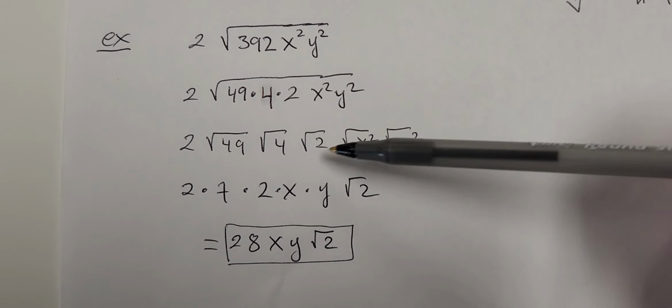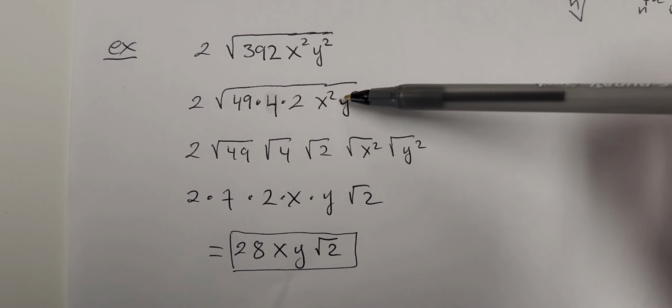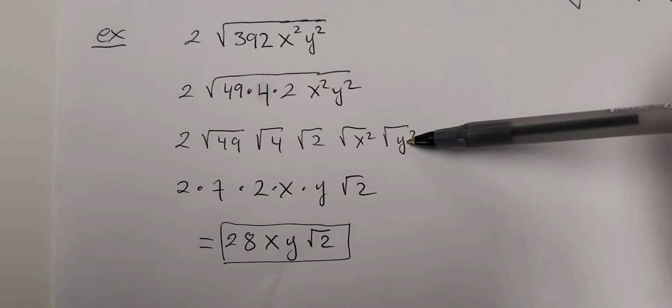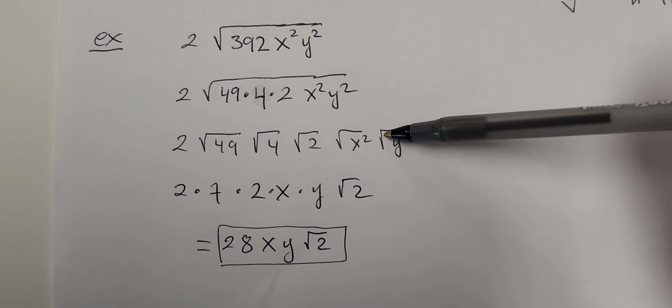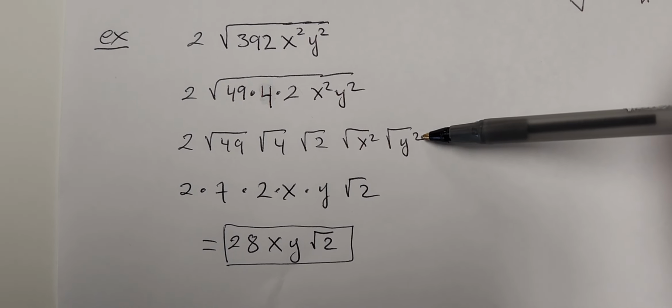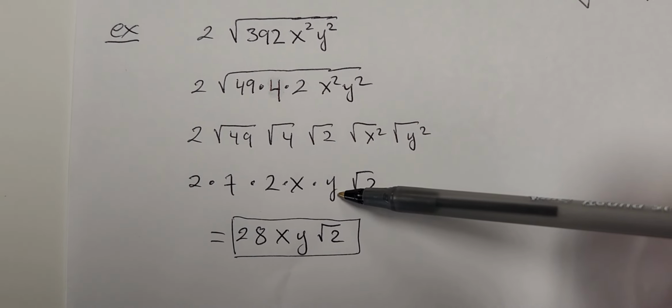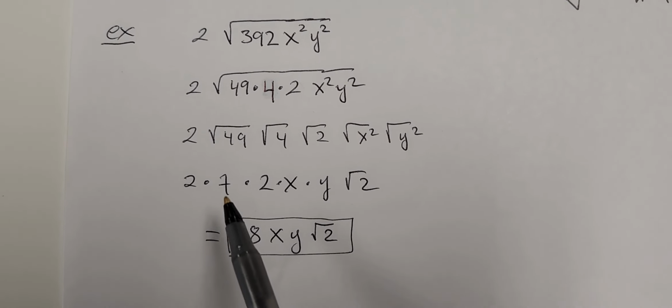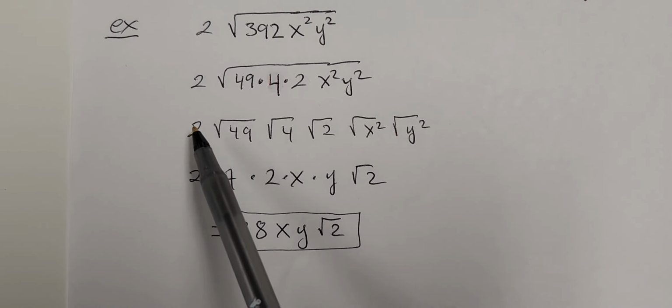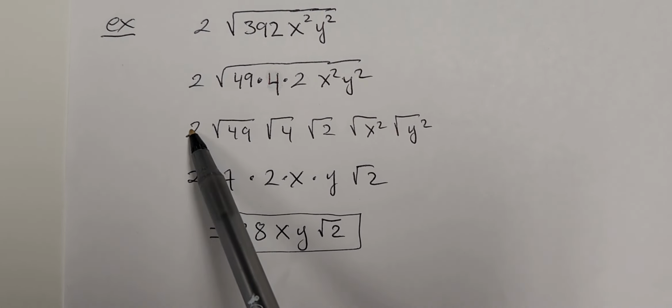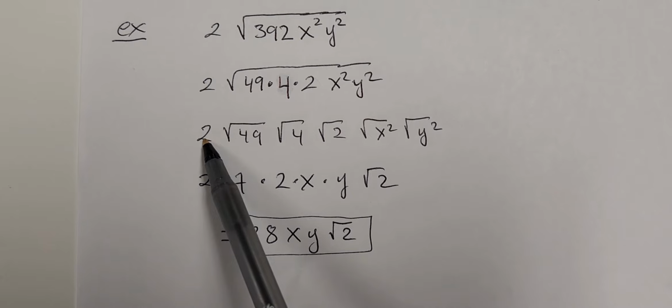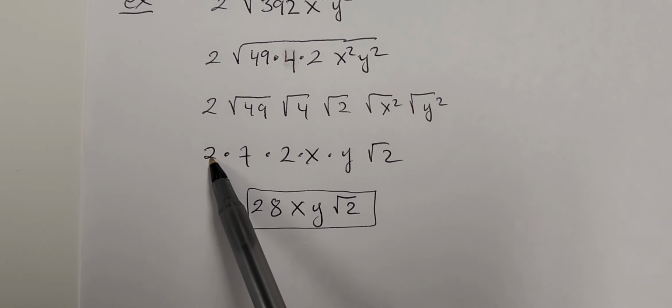This can be square rooted, so there's my x. This y is separated into its own square root, so the square root and square can be simplified down to just y. Okay, and then all I have left is just this 2, where this 2 came from the top right here because I haven't done anything to it, so bring it straight down.